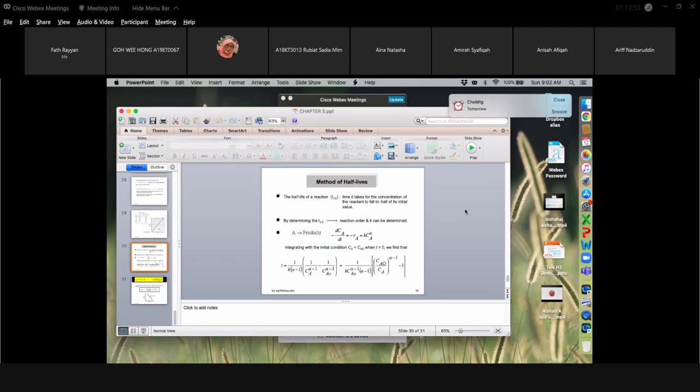Okay, that's all for chapter 5. As a conclusion, this is a chapter to calculate for the K and alpha. How to calculate? There are three different methods: one is differentiation method, two is integral method, three is half-life method.